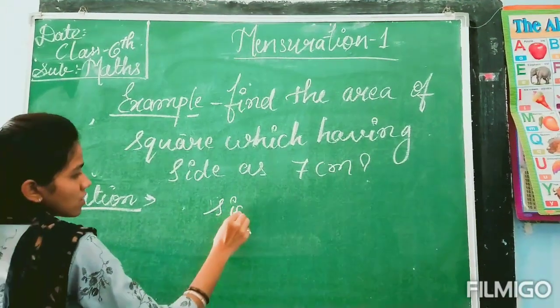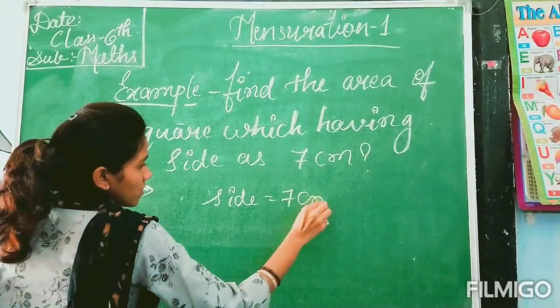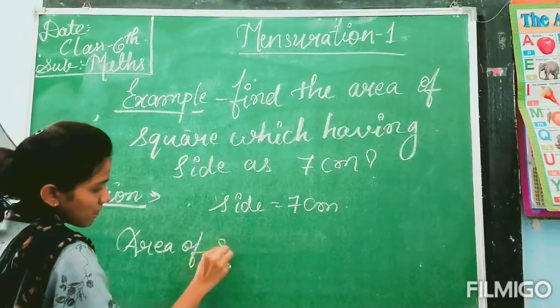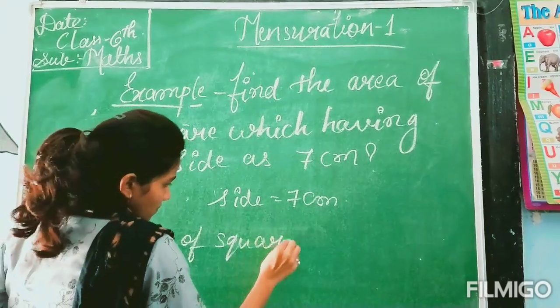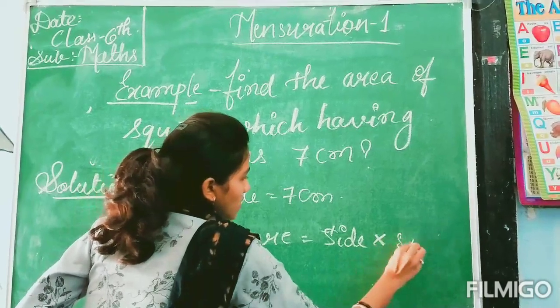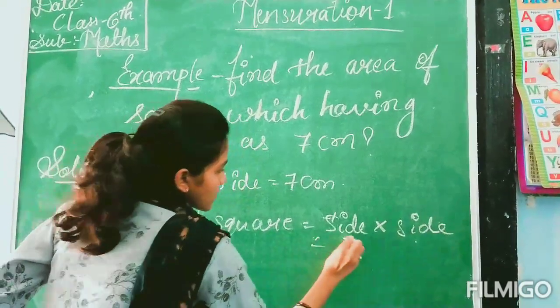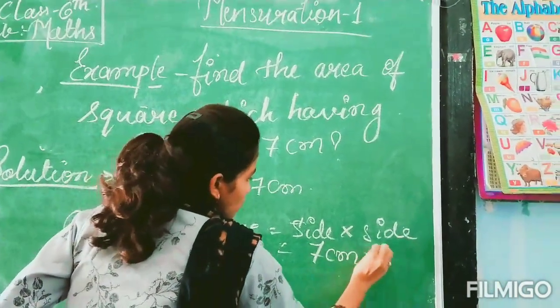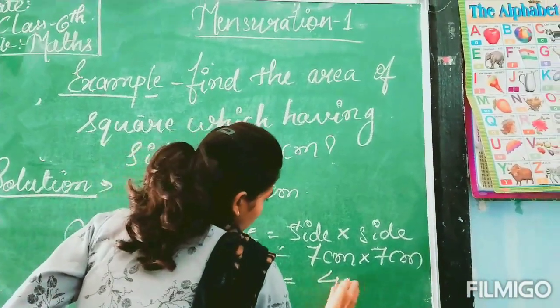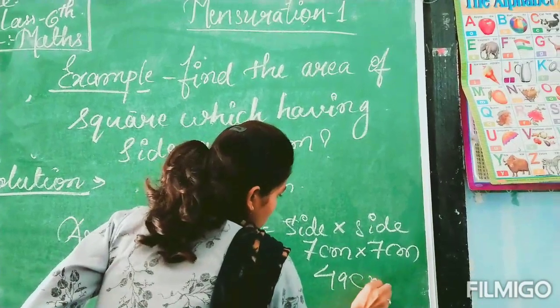Side is equal to 7 cm. Area of square is equal to side into side, 7 cm into 7 cm, 49 cm square.